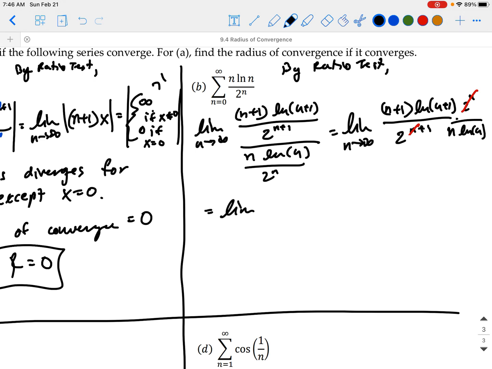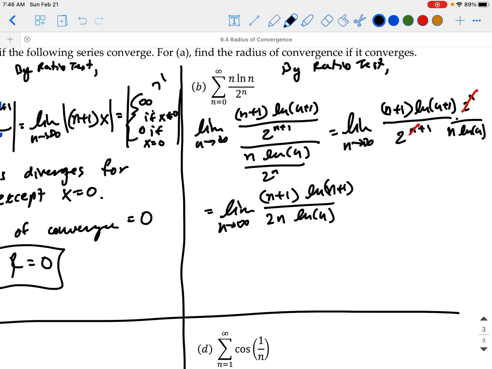So this is going to equal the limit as n goes to infinity of n plus 1 times natural log of n plus 1 over 2n times natural log of n. And so we can do L'Hopital's rule here if we wanted to.